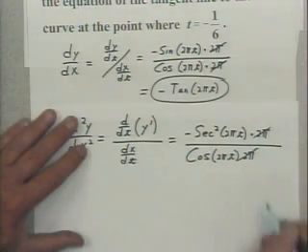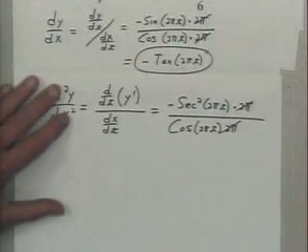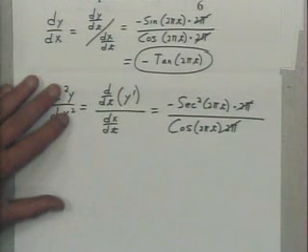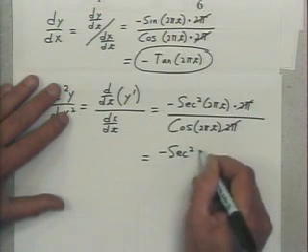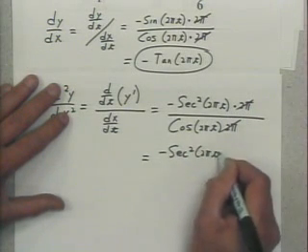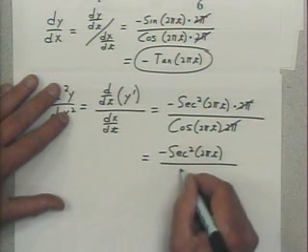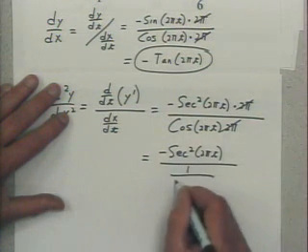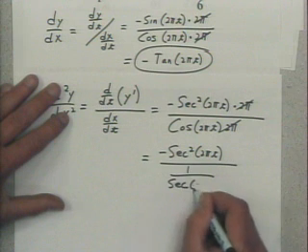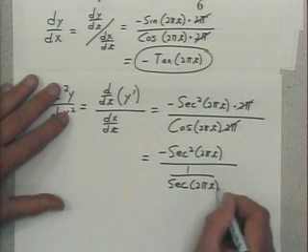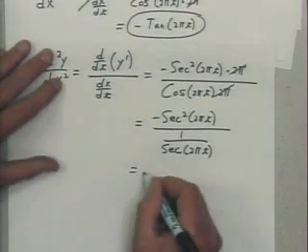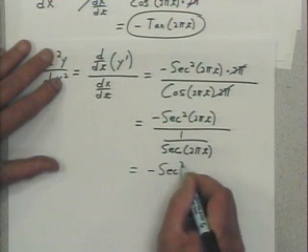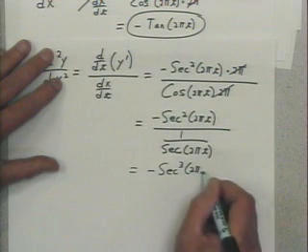And again, these will cancel. And what would Bob do? He'd probably leave this, and he'd change cosine to 1 over the secant to make them compatible. That's just trig. And then if you invert and multiply, you get minus secant cubed of 2 pi t.